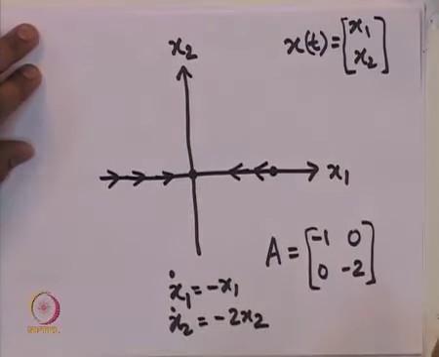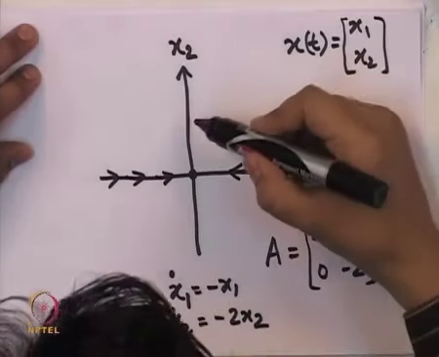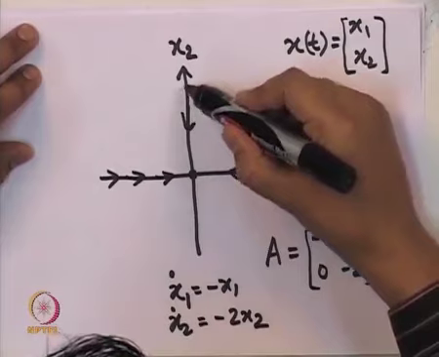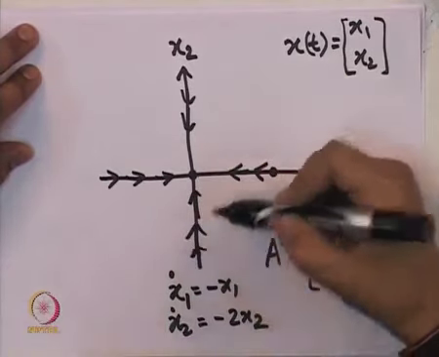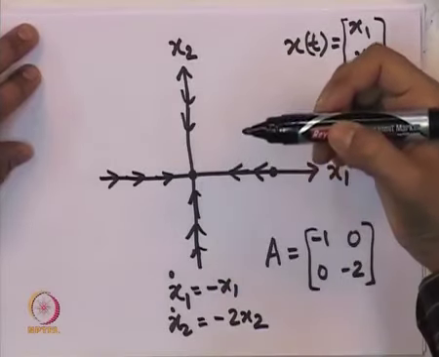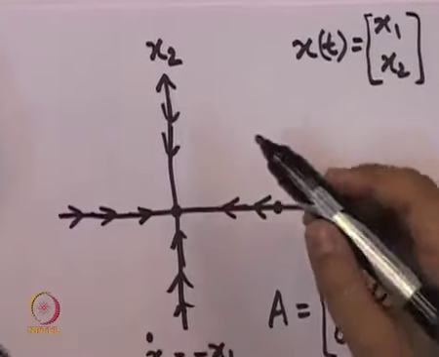That is what this differential equation says. Similarly, along the x2 axis also, all arrows are directed towards the equilibrium point. Moreover, these arrows along the x1 and x2 axis are parallel to the x1 and x2 axis themselves.